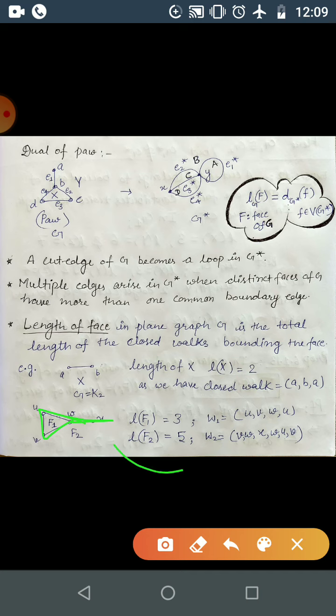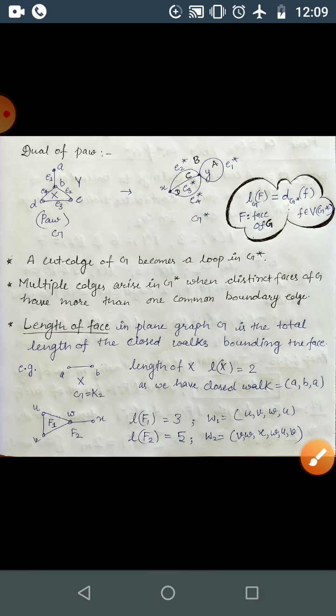So the length of face F2 will be 5, and from here you can start at V, W, X, V, W, X, and W X is counted twice, then again W, U, V. So that is the length of face F2 and F1 given in this one.